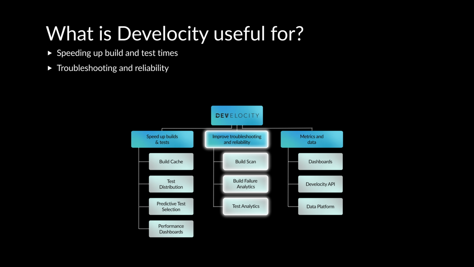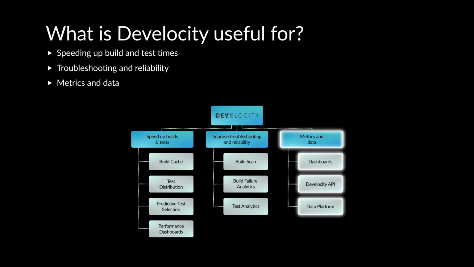Develocity can also help you see common failures and flakiness that can't be spotted at the individual build level. And thirdly, Develocity provides metrics and data to help maintain good performance and help you identify issues that affect many developers. Fixing these kinds of issues can improve productivity across the whole organization.